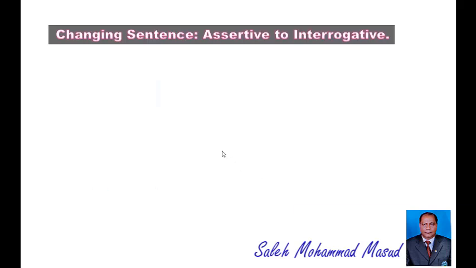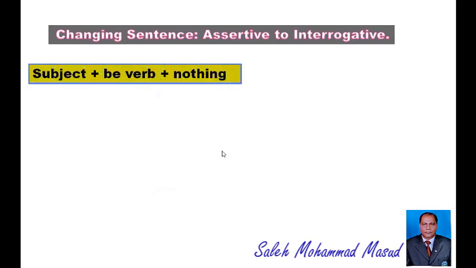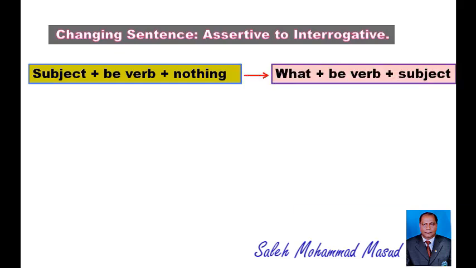Next rule. If we find the structure subject plus be verb plus nothing, to make it interrogative, we have to use the structure what plus be verb plus subject.